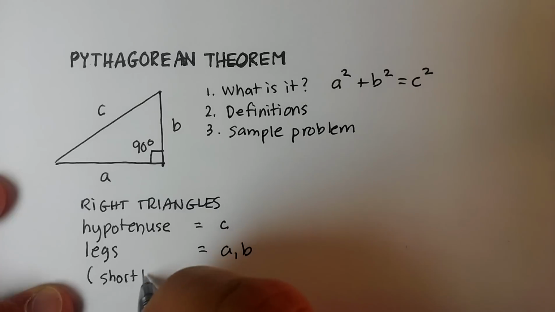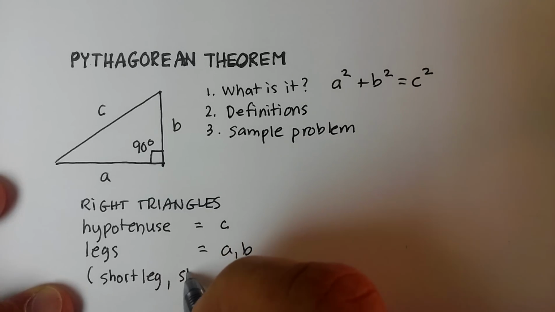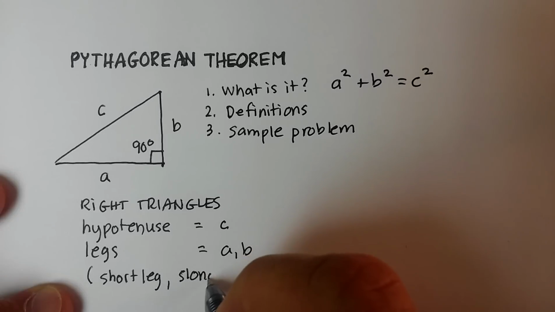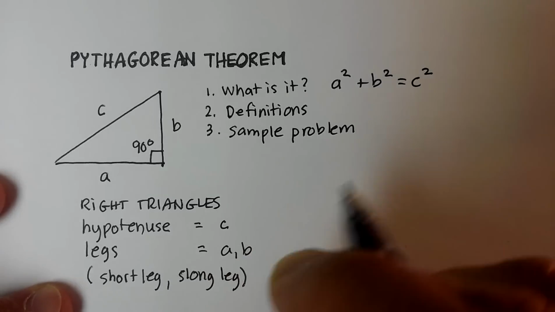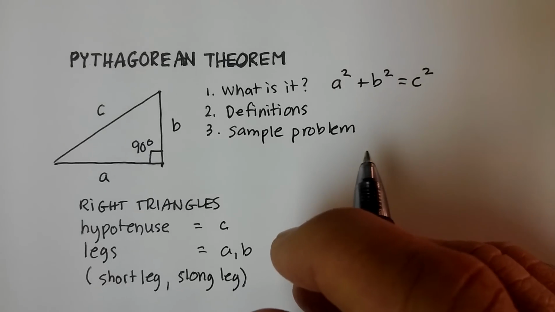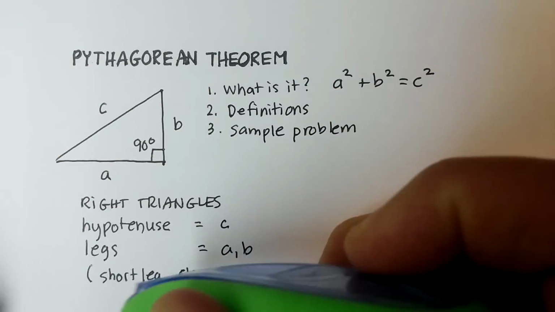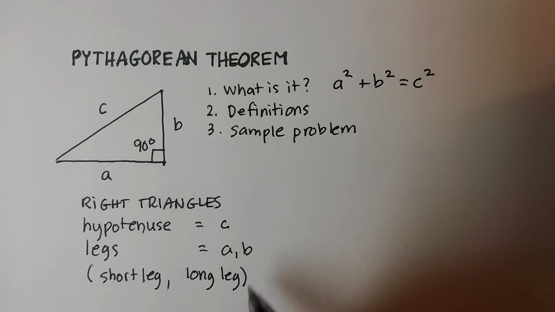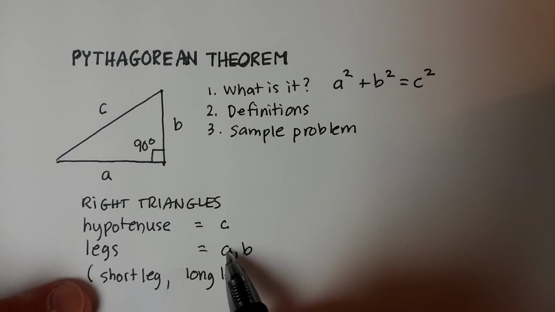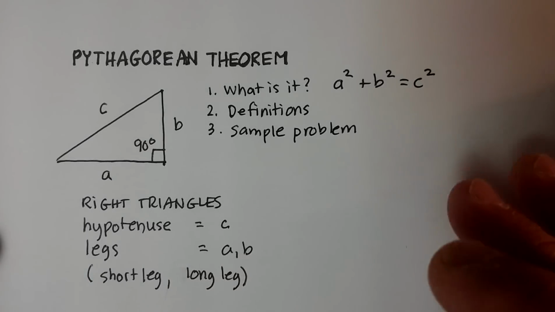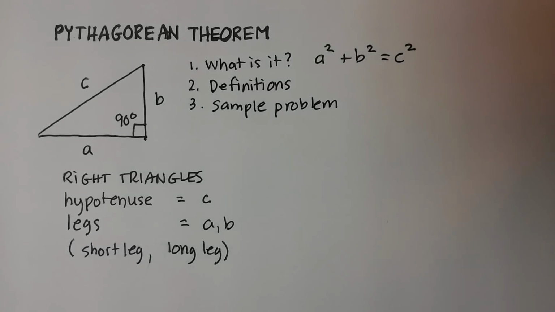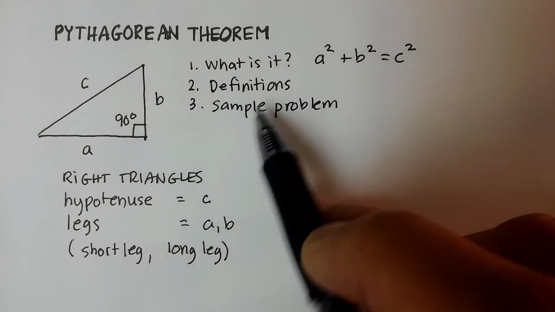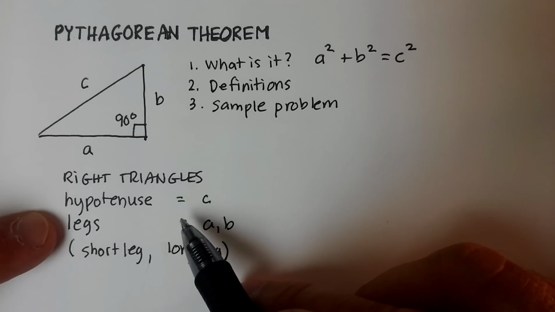Let me just go ahead and white that out. Okay, and it doesn't make any difference whether the long leg is a or b, or the short leg is a or b. They just mean the same thing. Okay, now those are the important definitions that you need to know.